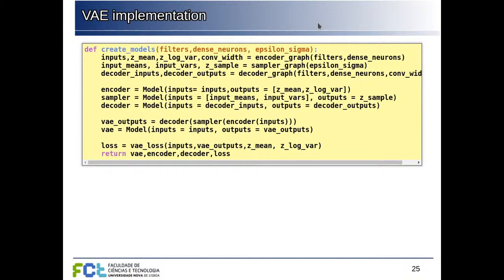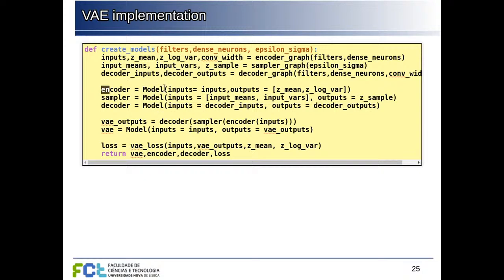Okay, so now we need to put everything together and create our model. So we're going to create the three different graphs, the encoder, the sampler, and the decoder, and we are going to create these models.